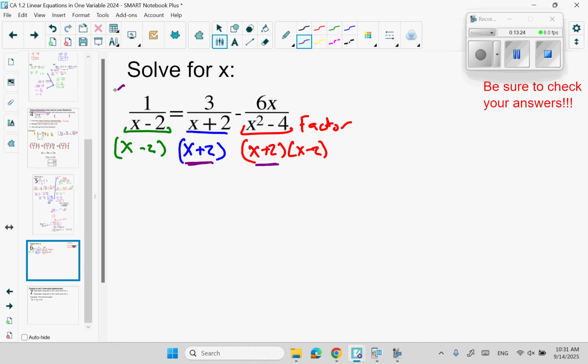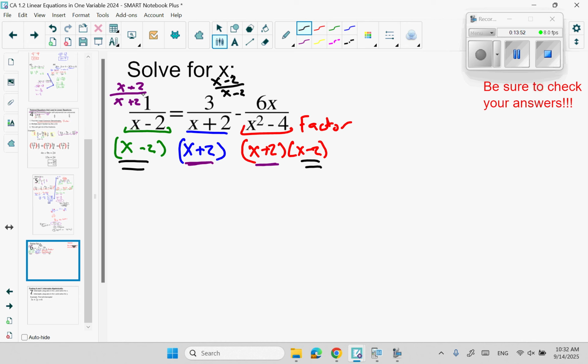So I'd multiply the first one by x plus 2 over x plus 2. In blue, I would notice that green has an x minus 2 and red has an x minus 2, but blue doesn't. So that needs to multiply by x minus 2 over x minus 2. And then in red, there's nothing that green or blue have that red doesn't have. So I don't need to multiply that one by anything.